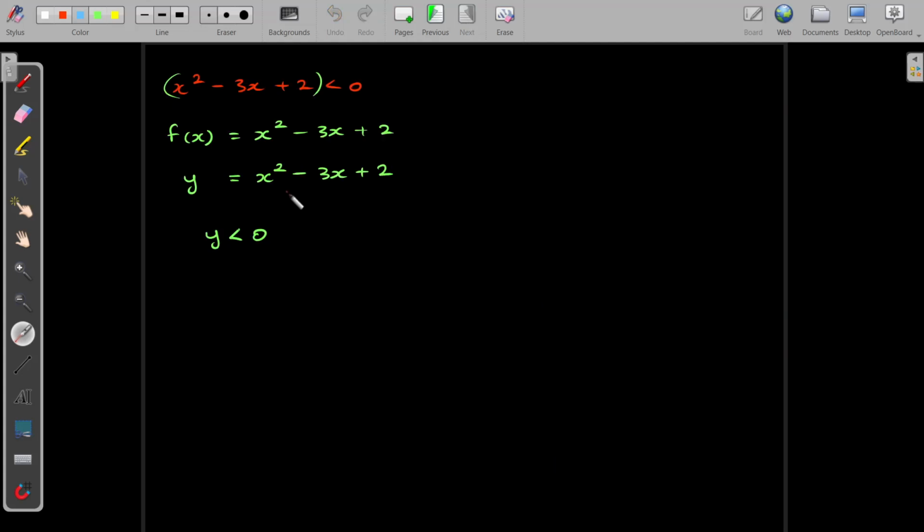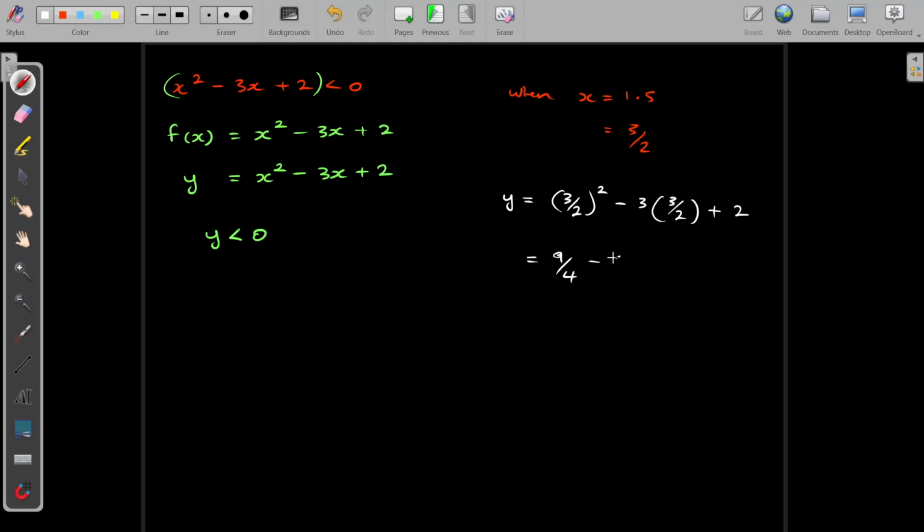Yes. So let's test 1.5 in this to see if it's going to give us a negative y value. So when x is equal to 1.5, which is the same thing as 3 over 2, we're going to substitute here. y is equal to 3 over 2 all squared minus 3 times 3 over 2 plus 2. So this is 9 over 4 minus 9 over 2 plus 2.